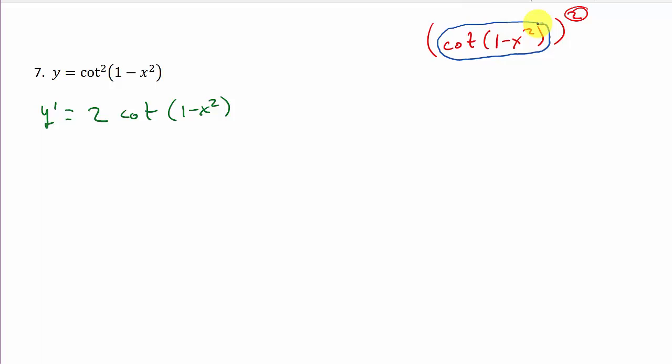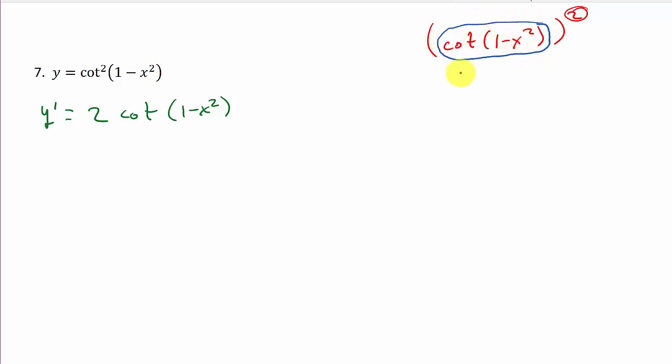What you need to try to do is get to the point where when you see this, you can picture this in your head. And if you can't, just write this down over here to the side so you can see it. Okay? Alright, so now I've got to take the derivative of this.